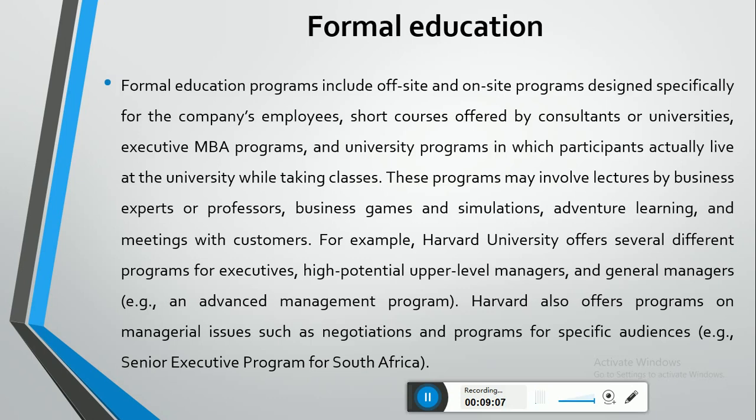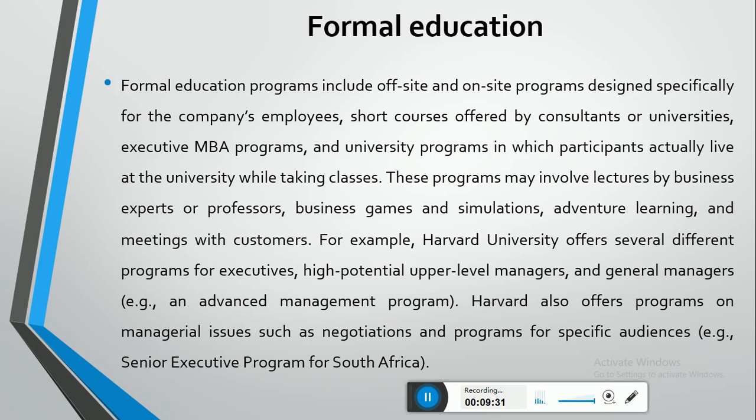For example, Harvard University offers several different programs for executives, high potential upper level managers and general managers, such as the advanced management program. Harvard also offers programs on managerial issues such as negotiations, and programs for specific audiences, for example, a senior executive program for South Africa.